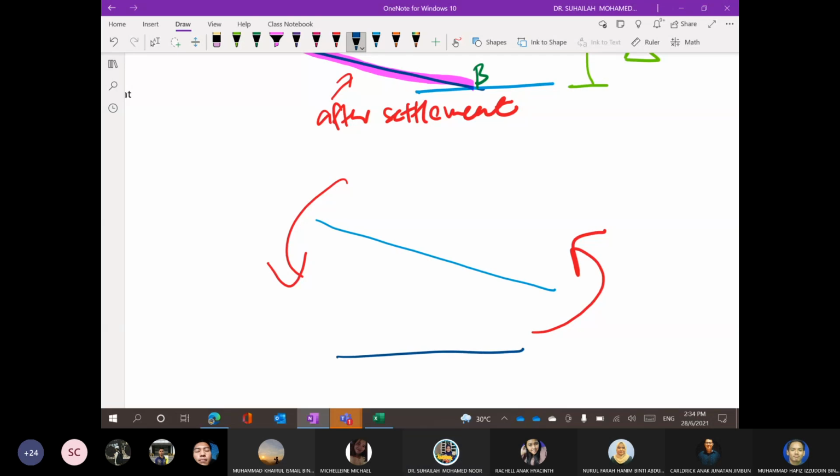Is it logical? Yes. And can you realize that for FEM due to settlement, due to delta, both directions of moment are the same? Do you see it?